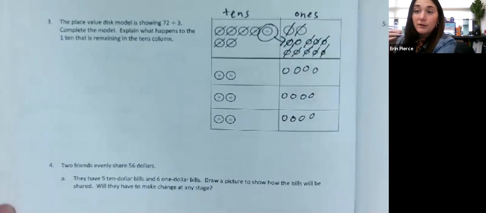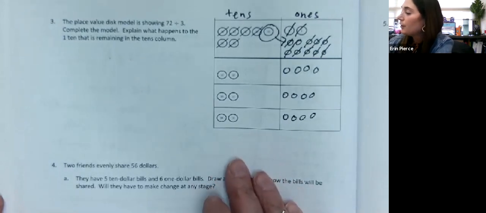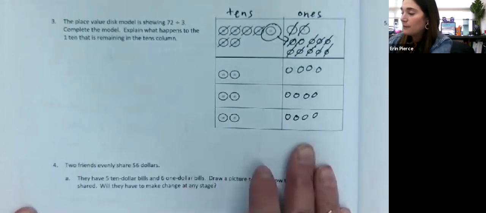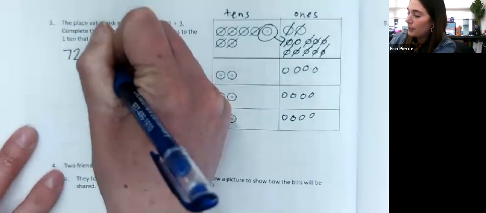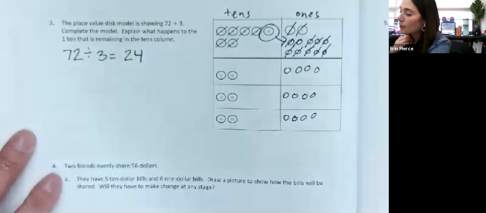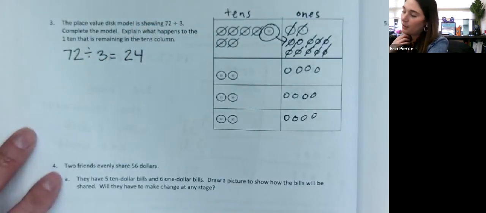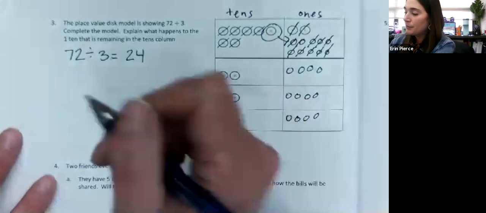And I've used all of them. I don't have a remainder. So in each group, we have 2 tens, 4 ones. So 72 divided by 3 equals 24.